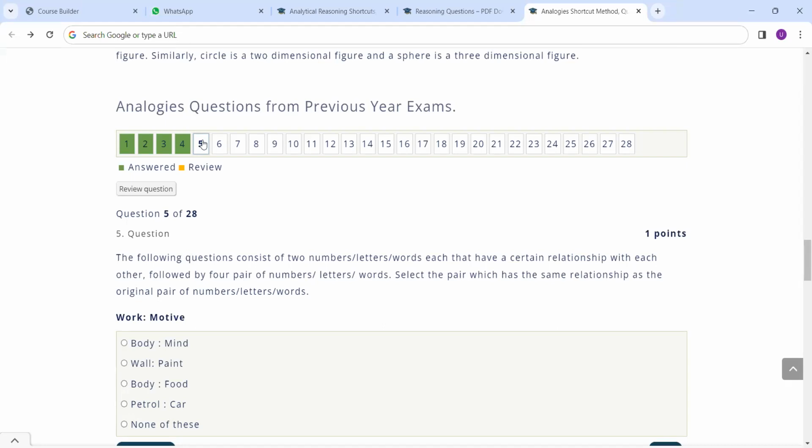That means motive is required to work. Motive is the source, I would say, to get you to work. I think I got mine. Okay. So Satvik, what is your answer?